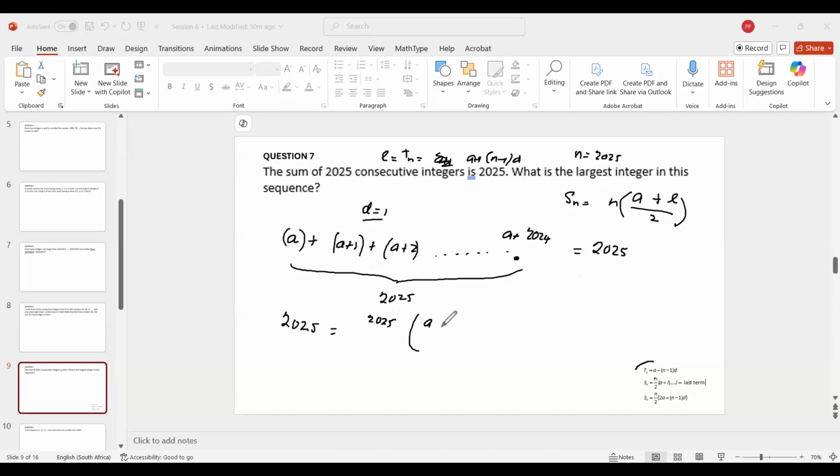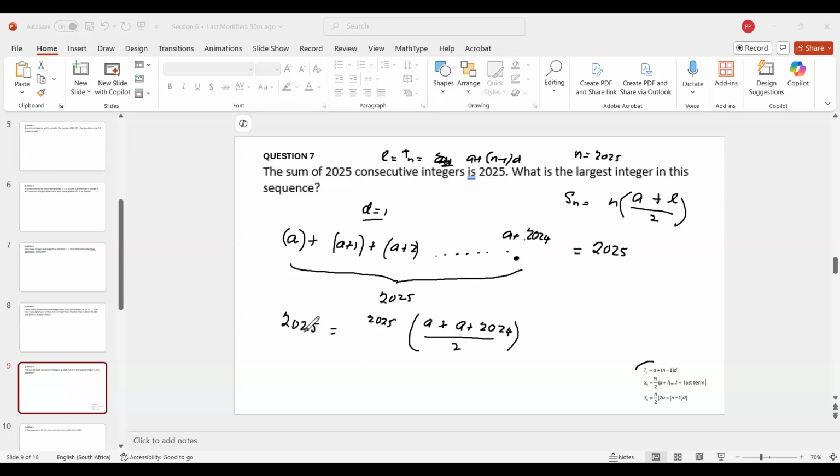So it's A plus the last term we calculated. You add those two and divide by 2. This gives you the average of the first term and the last term, and you multiply that by 2025, and now we've got only one equation in one unknown, namely the starting point, the first number.